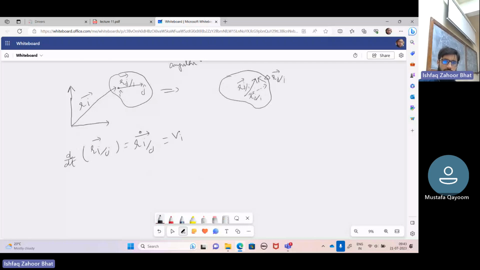We also call this i, this j. By definition, this is nothing but d by dt of (r_j minus r_i), and it is equal to r_ji dot.